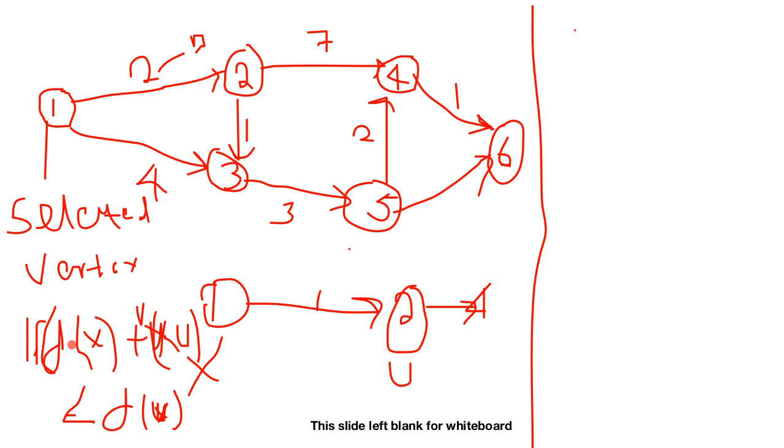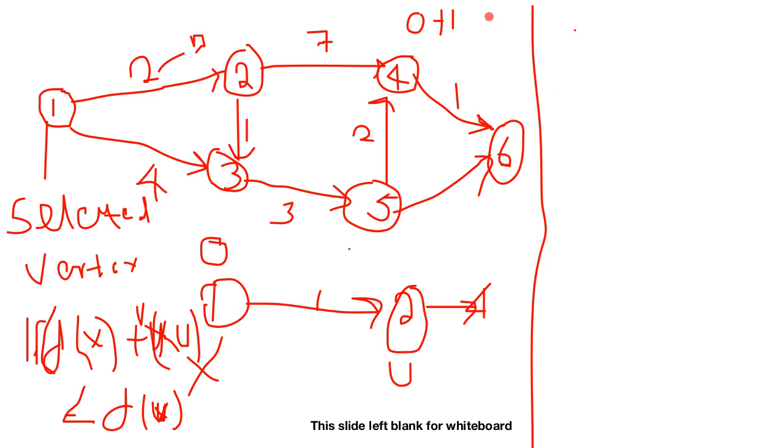So if the distance of X, which sometimes we say is given as 0, for now the distance of X is given as 0, plus the weight of X to Y, that is the distance covered from X to Y. So it will be 0 plus 1.